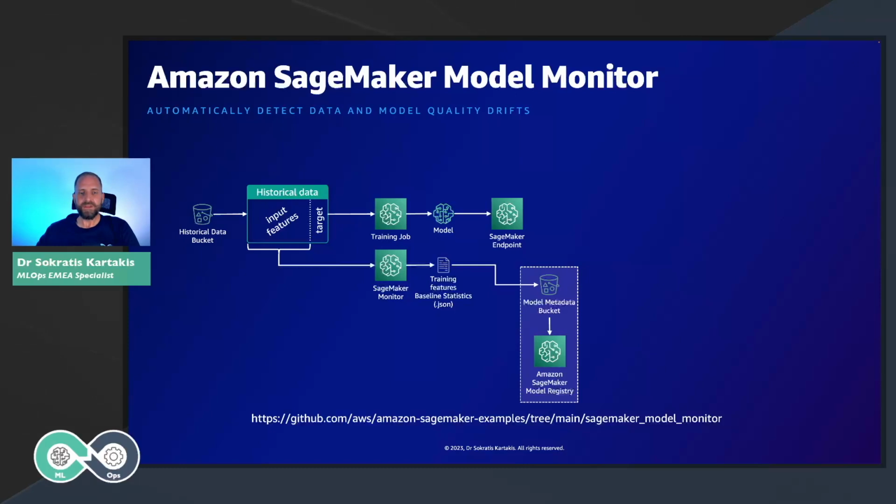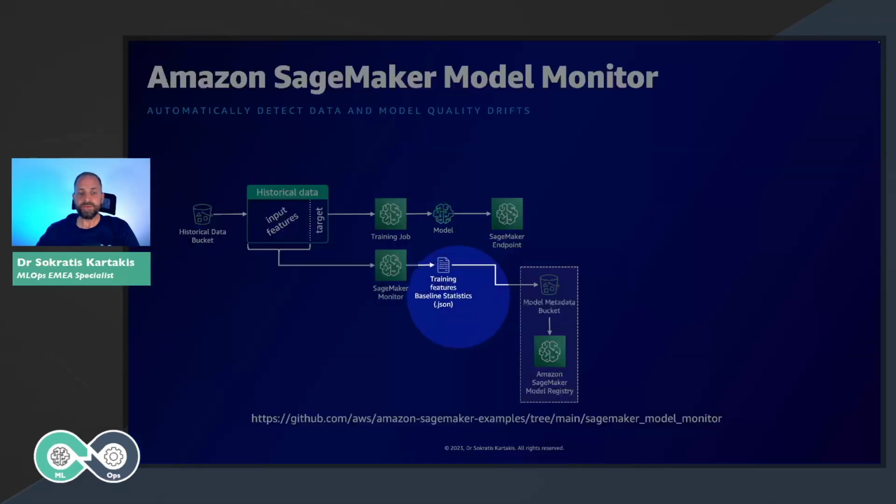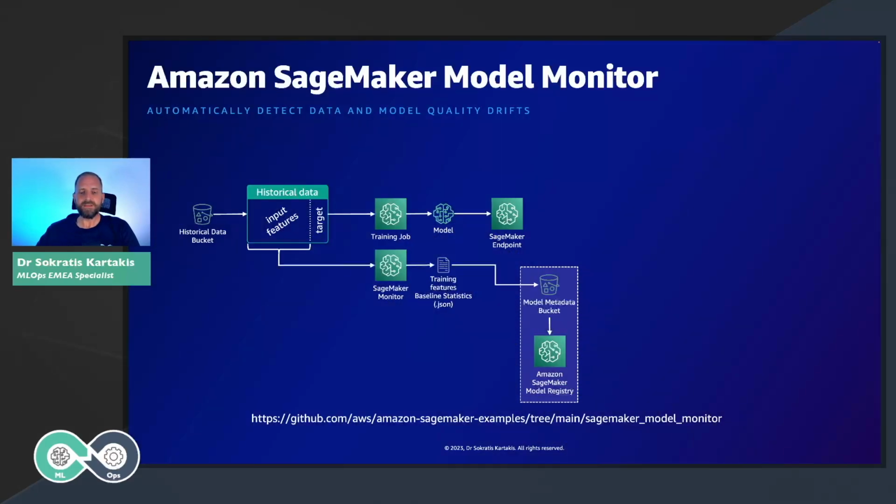This is just a JSON file that is an output, but you can store that inside a bucket, or you can store that inside the model registry as custom metadata. That way, in the model registry, you have everything, even the behavior of the input features of the specific model that you trained with this data.